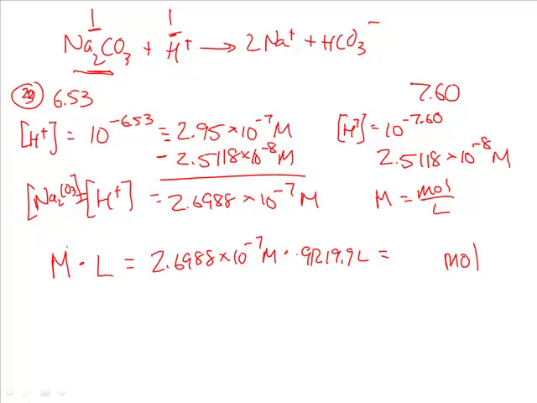When you multiply those two numbers together, that gives you the amount of moles. And I got an answer of 2.46 times 10 to the negative 2nd moles.